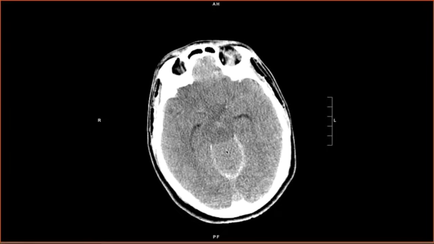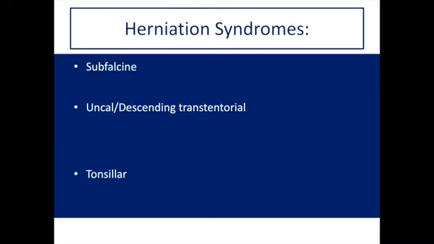Other herniation syndromes include transcalvarial, which is through the calvarium, and transalar, which is herniation across the sphenoid ridge. If that demonstration was too much detail for you, for now, take away only these three: subfalcine, uncal or descending transtentorial herniation, and tonsillar herniation.